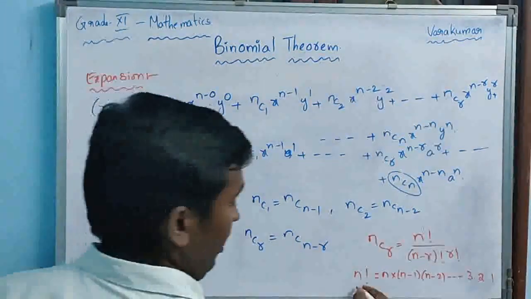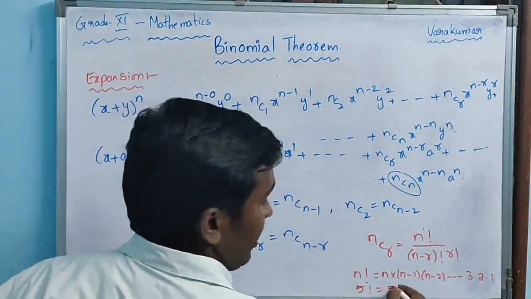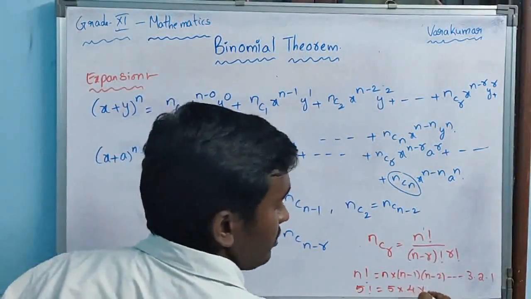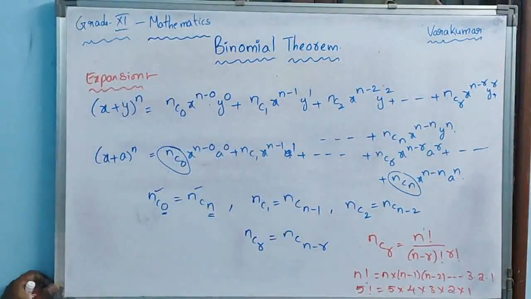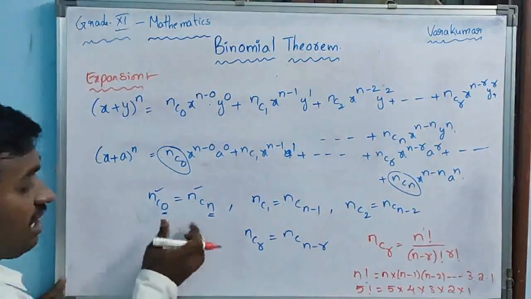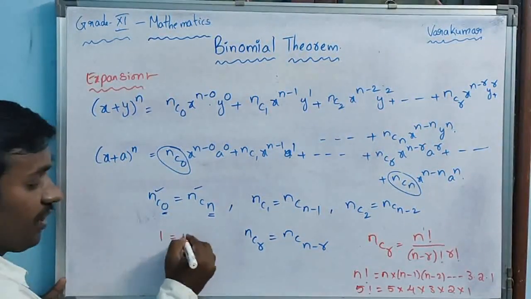So the product of n and all the numbers below it is called n factorial. I can give you an example: 5 factorial means 5 into 4, 3, 2, 1 in decreasing order. We already learned these expansions in permutations and combinations, so that's why I am giving them here. Next, nC0, nCn. According to Pascal, the first and last term coefficients will be 1 only.